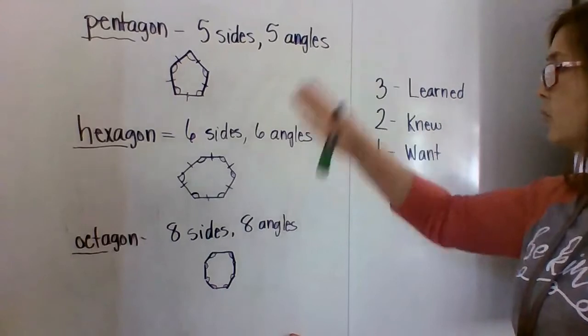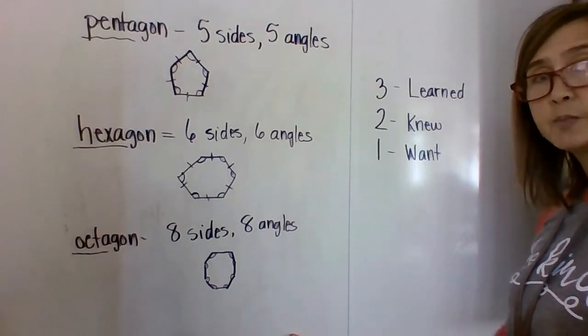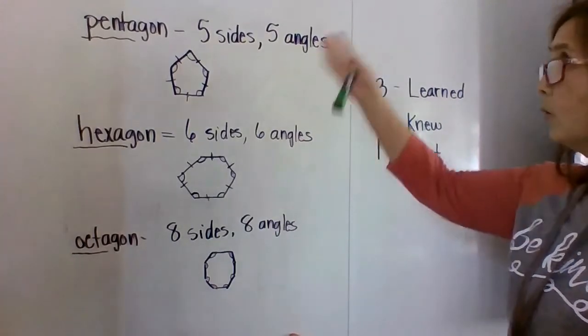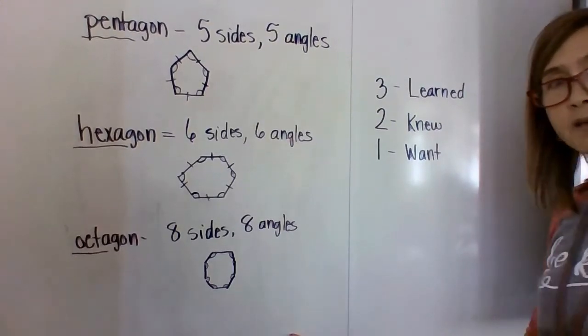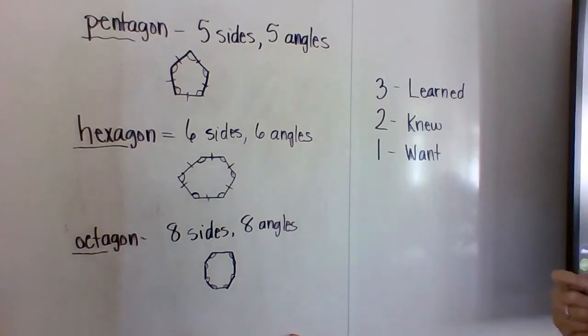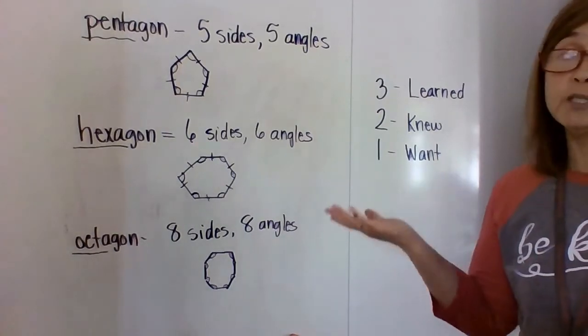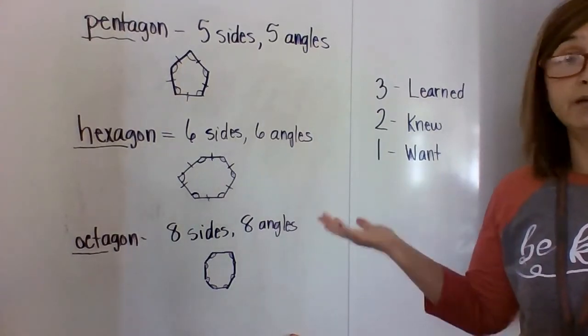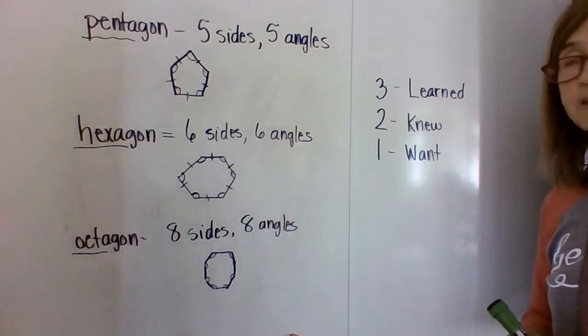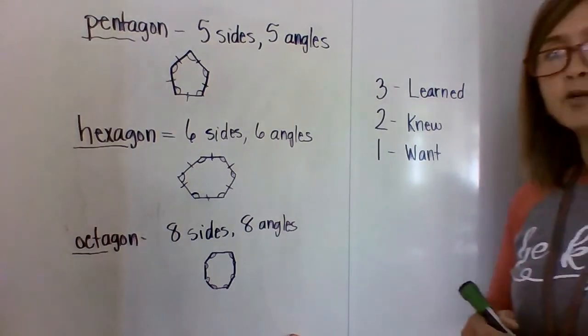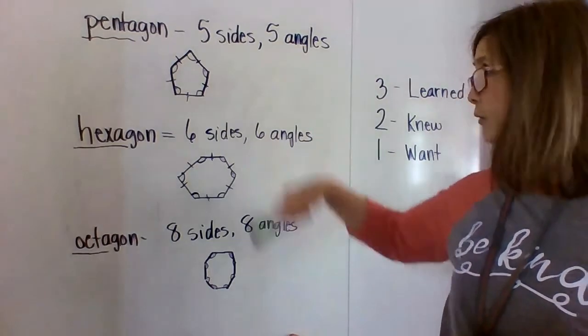What do you want to learn more about these types of triangles by their sides and by their angles, or just polygons in general? Okay, so that will be your assignment today. If you didn't know 2 things, tell me 1, or you could tell me you knew nothing about today's lesson. And then what do you want to learn more about of the things that we've covered today?